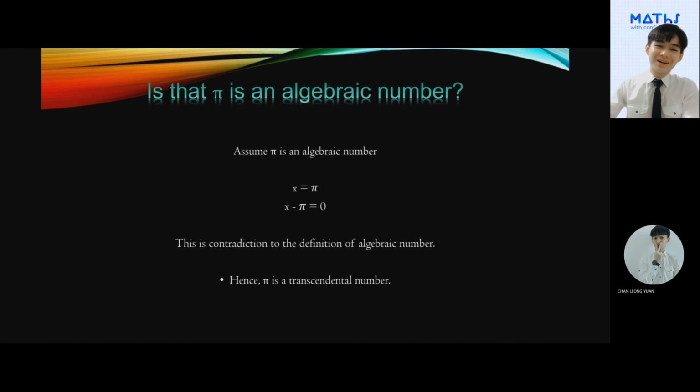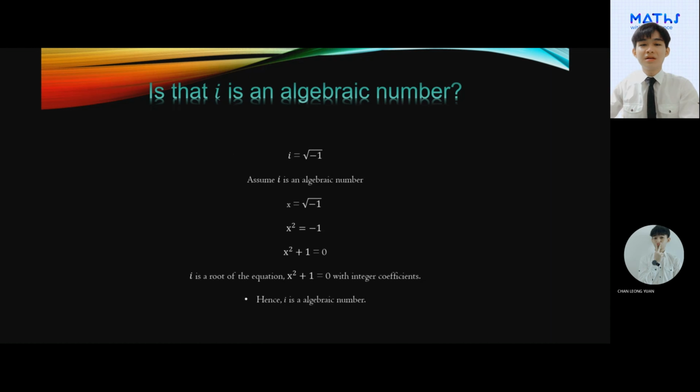There is an error there, right? Because by the definition of algebraic number, we cannot let the polynomial coefficients be irrational. If you do that, then every number will be algebraic. So, since pi cannot be algebraic, pi is a transcendental number.